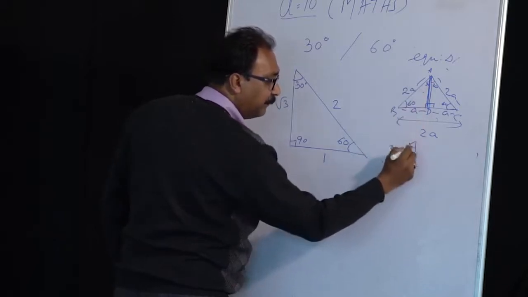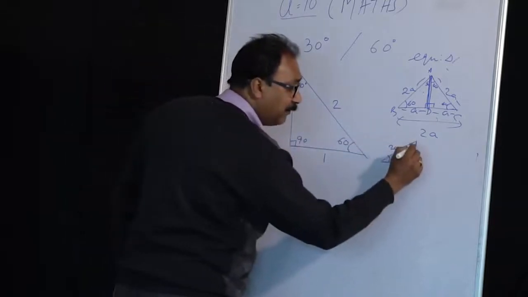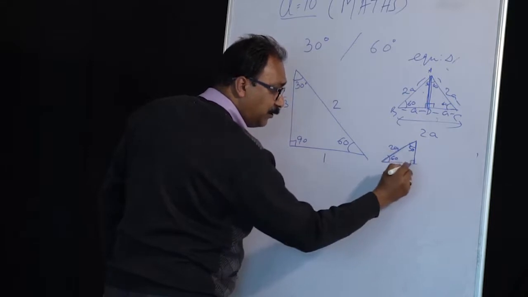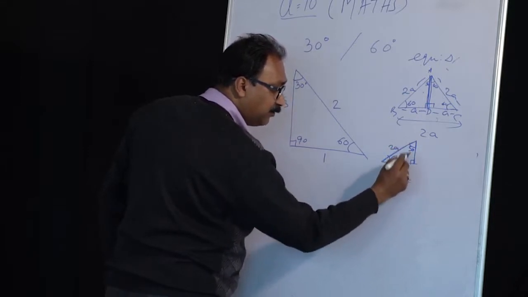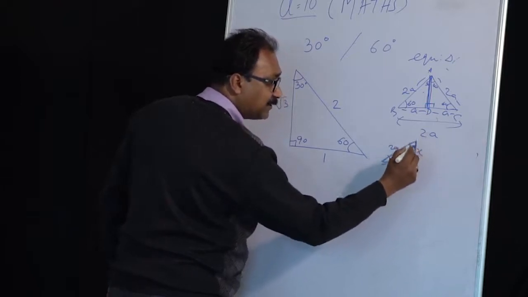Look here, 30. The same figure I draw here. But how to find this? By the help of Pythagoras theorem. What does Pythagoras say? This is 90 degree, no? The square of the hypotenuse, 2A square, is equal to the sum of the squares of the other two sides. This value we don't know. We consider it x, or just AD.